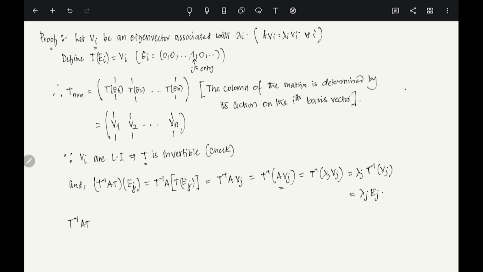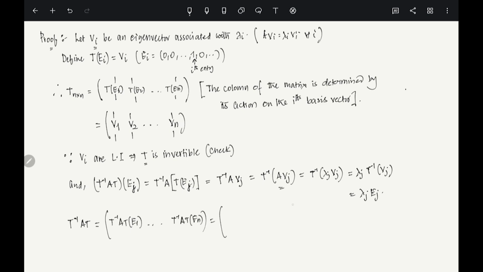See, so what is the matrix T inverse of AT? Let's look at this matrix. This matrix is nothing but T inverse of AT acting at E1, up to T inverse of AT acting at EN, right? That's what it is.